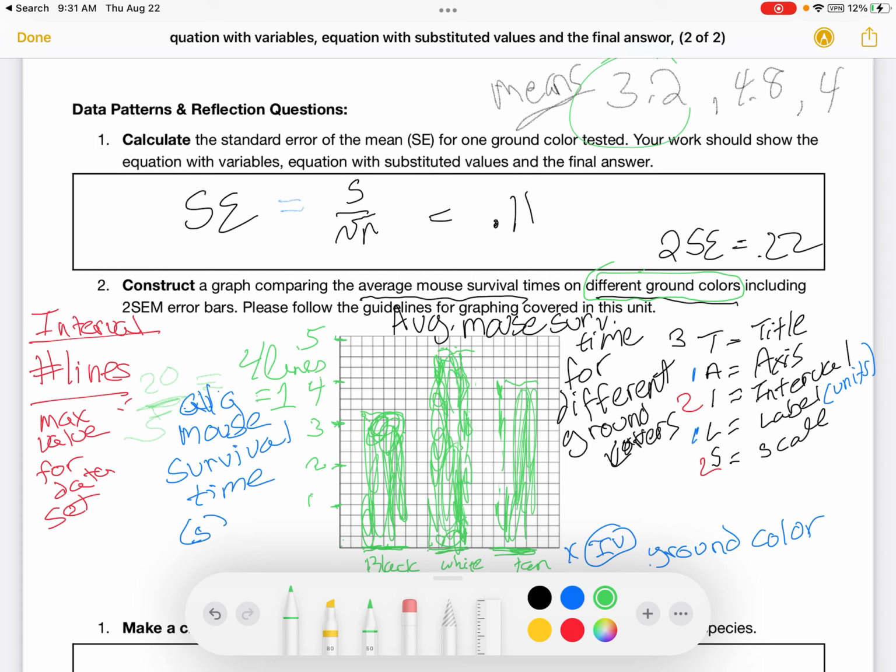Okay, I'll try to make that bar a little bit clearer. And there you go. Now we've got the bar graph. The only thing we're missing though is the standard error.